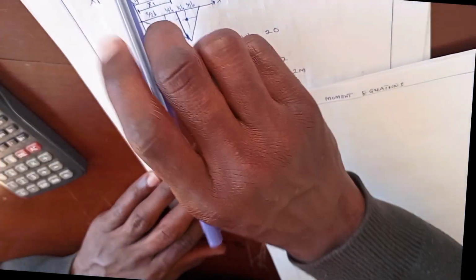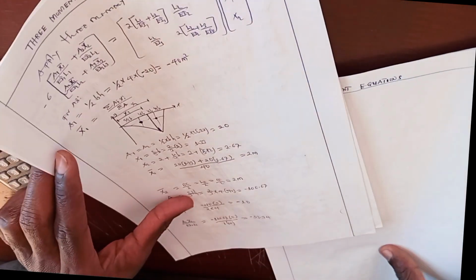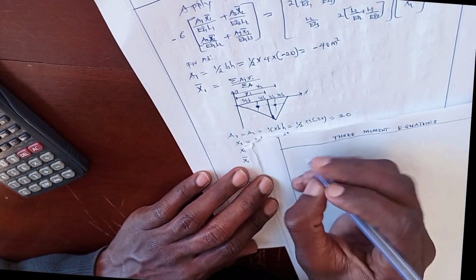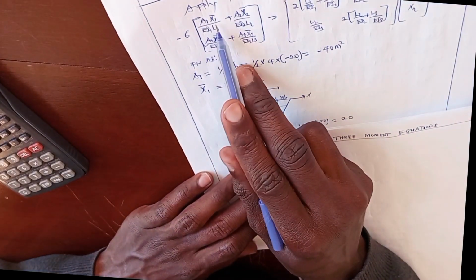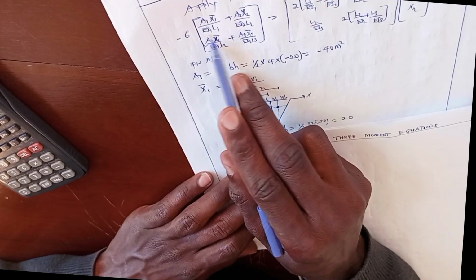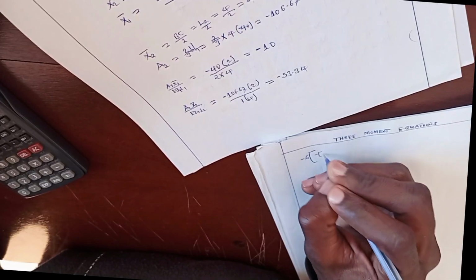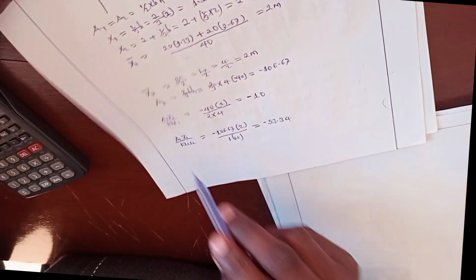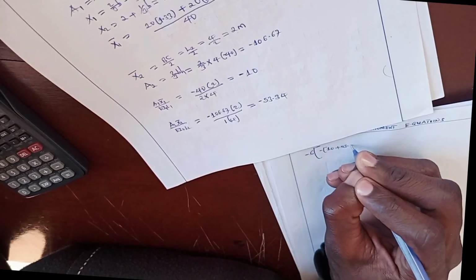We substitute into the three-moment equation. The three-moment equation is negative 6 times the product of area 1 times centroid 1 over EI1 L1, which is negative 10, plus the product of area 2 times centroid 2, which is negative 53.34.